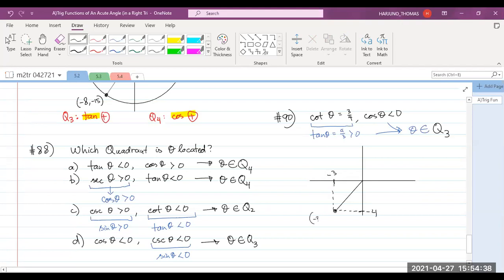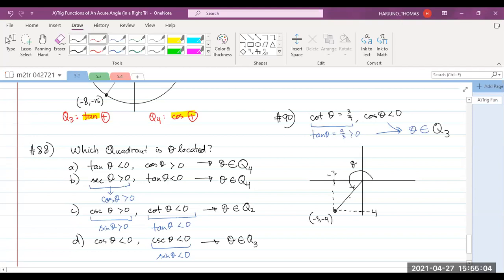Okay, so this is negative 3, negative 4, right? Now, this angle theta here must satisfy that given condition, that is, the cotangent theta is 3/4 and cosine theta is negative.